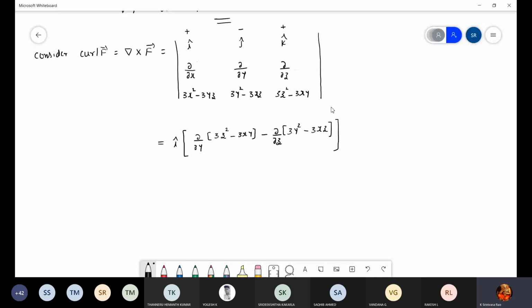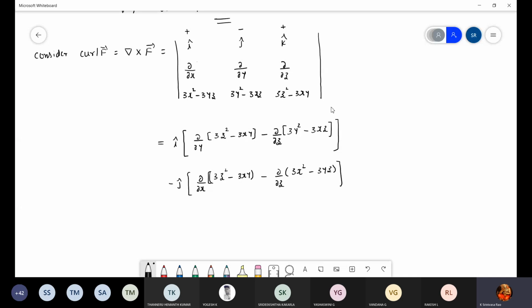Minus j cap into, particular column, particular row, del by del x of 3z square minus 3xy, minus del by del z of 3x square minus 3yz.